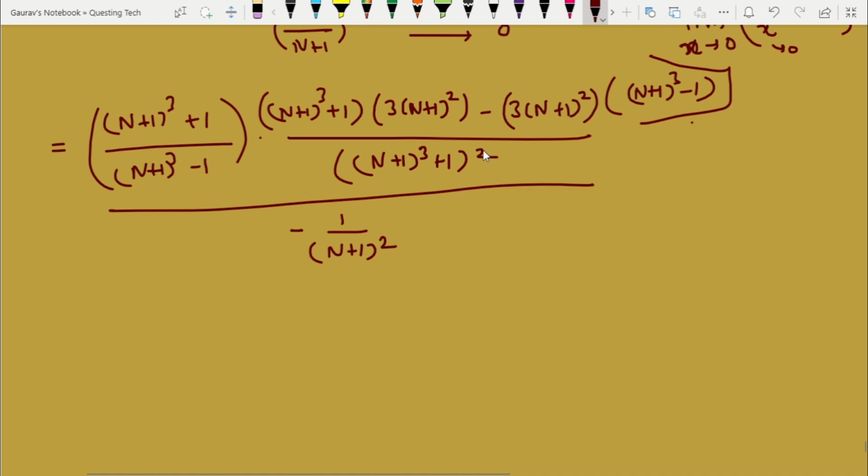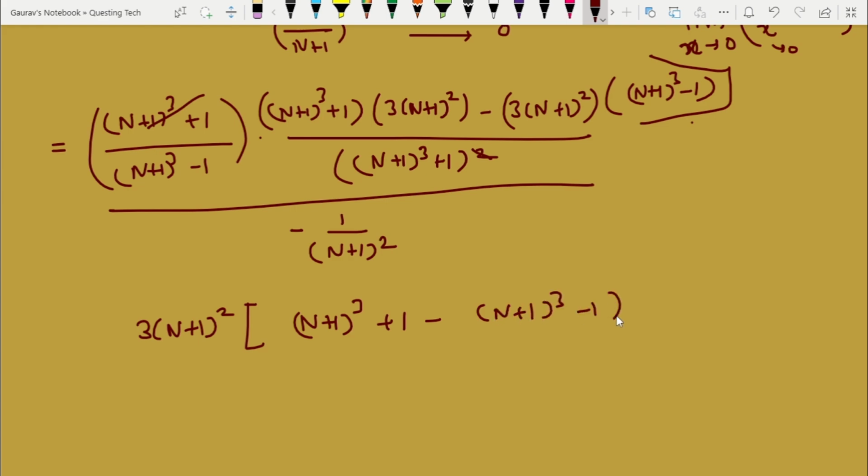Now we can see that this cancels out one time, and in the numerator 3 multiplied by (n plus 1) squared comes out, and this (n plus 1) cube plus 1 minus (n plus 1) cube minus 1, divided by n plus 1.